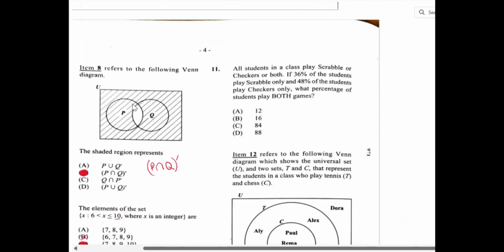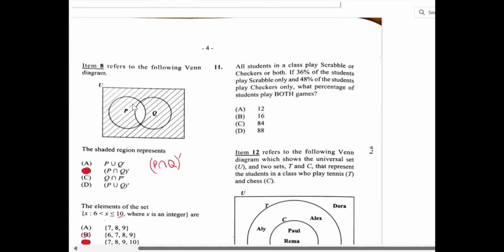Eleven. All students in a class play Scrabble or checkers, or both. If 36% of the students play Scrabble only and 48% of the students play checkers only, what percentage of the students play both games? Now, I think there is a way, yes, there is a way to figure this out.